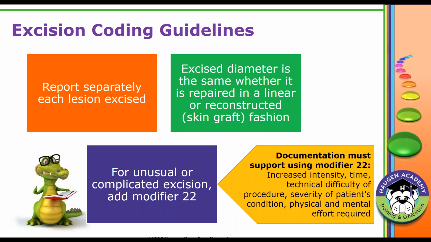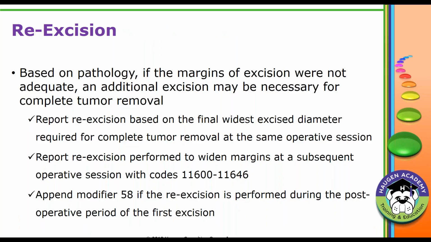There are some scenarios where re-excision has to take place, and this is all going to be based on pathology. This happens if the margins of that excision were not adequate. If they didn't get all of that tumor or the neoplastic part out, they might do a re-excision. Sometimes this is done during the same operative session, and in certain scenarios they'll actually do pathology right there on the spot.